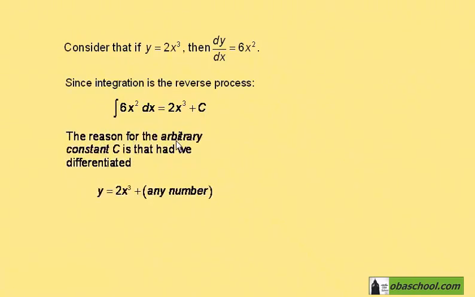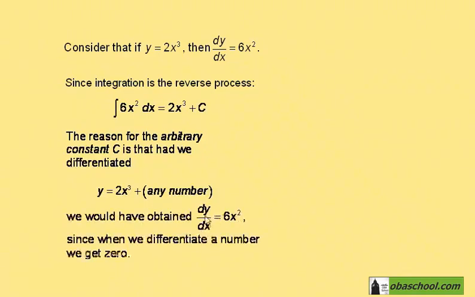The reason for the arbitrary constant c is that had we differentiated y equals 2x cubed plus any number, we would have obtained dy/dx is 6x squared, since when we differentiate a number, we get 0.